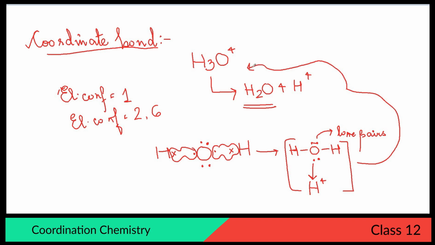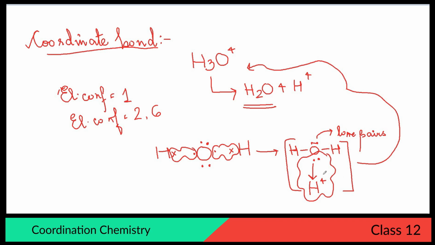entity, right? So, this kind of situation where there is no permanent bond formation and just a mutual understanding between two centers of keeping each other stable, or keeping the one which is electron deficient stable, is referred to as a coordinate bond, which is depicted by this kind of an arrow symbol.